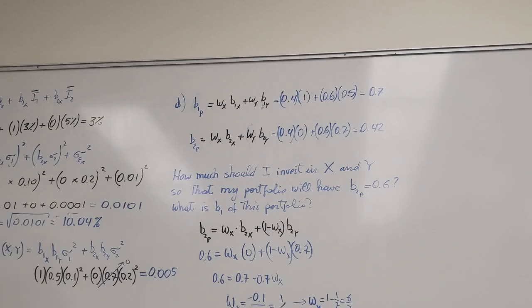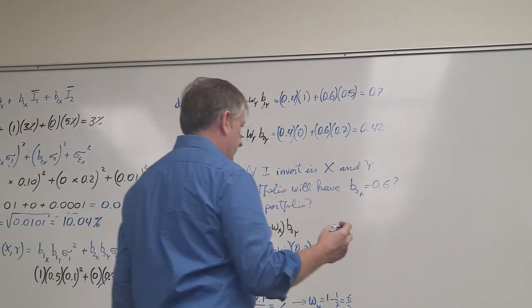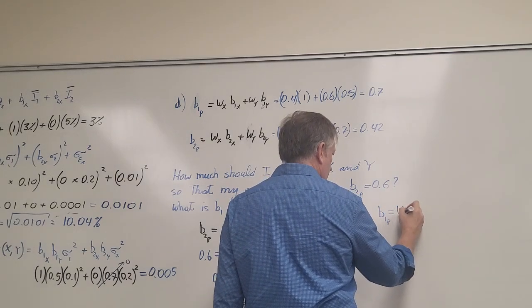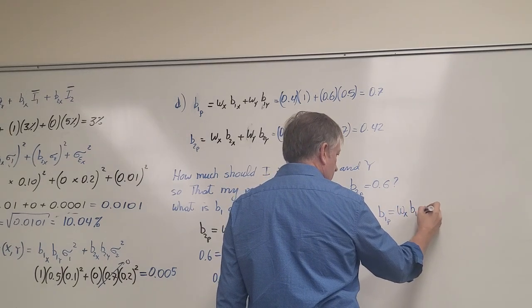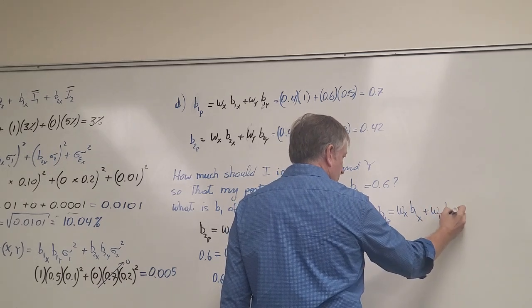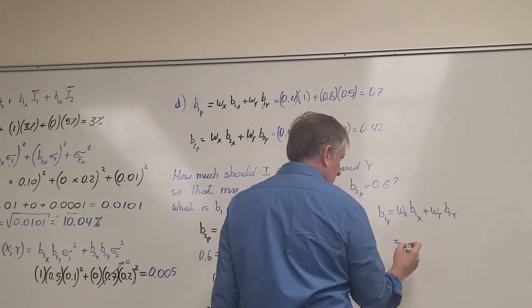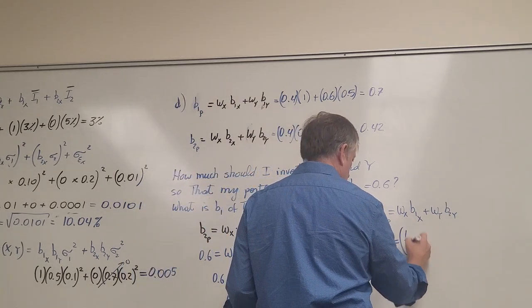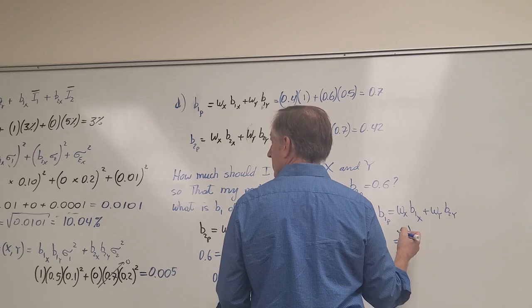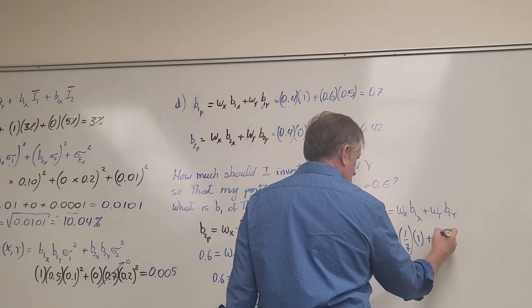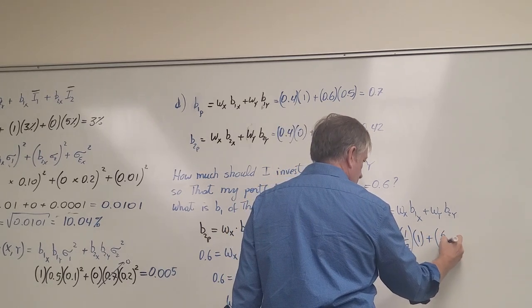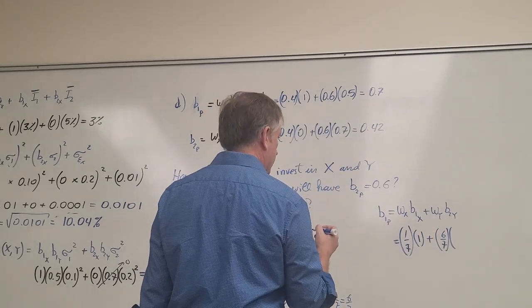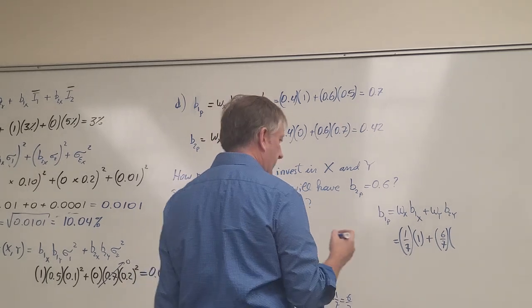So what happened to the B1? This B1 of the portfolio is now the weight of X times beta 1 of X plus the weight of Y times beta 1 of Y. Weight of X is 1/7. B1 of X is 1. And then you have 6/7 times beta 1 of Y, which is 0.5.